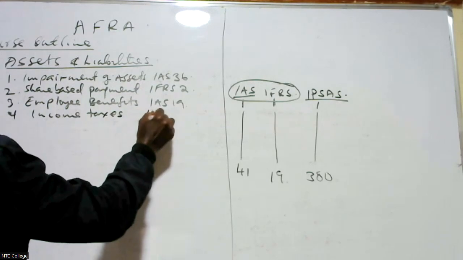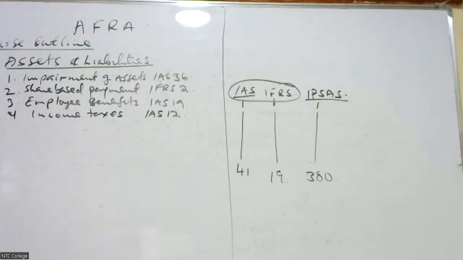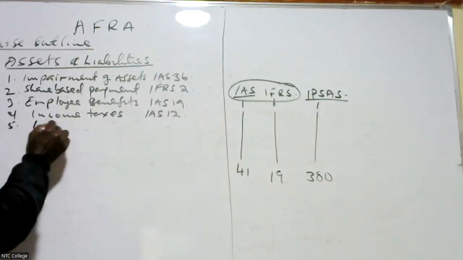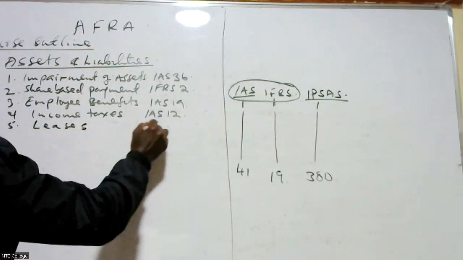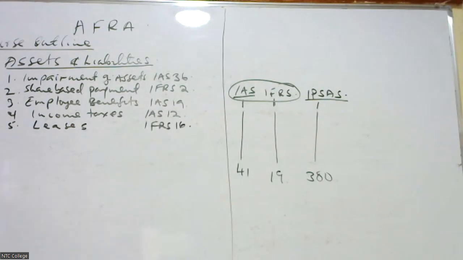Income taxes is under IAS 12. Then number 5, we have leases, which we discuss under IFRS 16. It's very important to know these things, because as a professional, when we talk of leases, you need to know which accounting standard we are talking about.